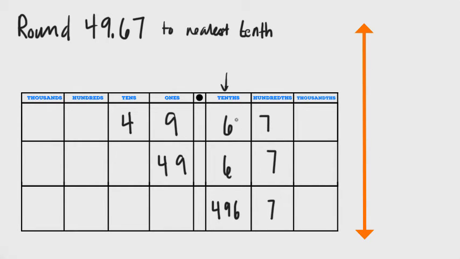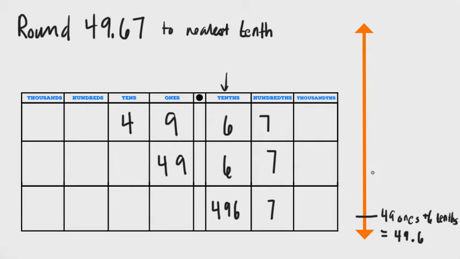Well, in this case, we look at the first number that we see in the tenths place, which is the 6. So we are going to call that 49 ones and 6 tenths.